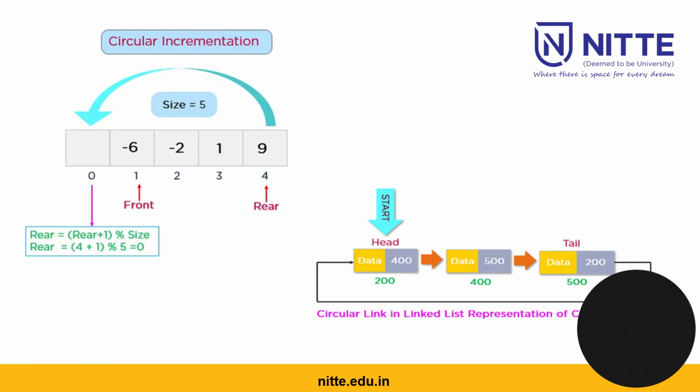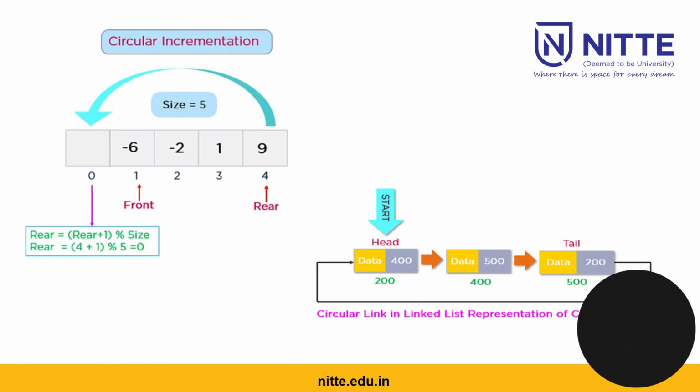I can't push an element from here because the rear is also at the maximum position. To push here it has to be the rear end. So I will make this rear point to this location.